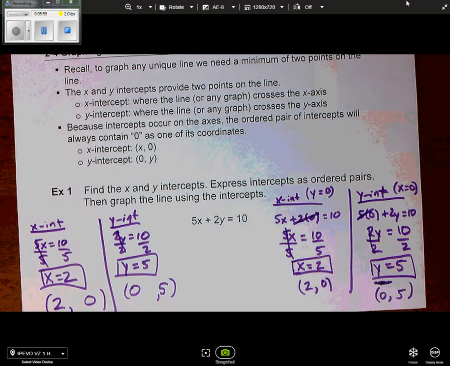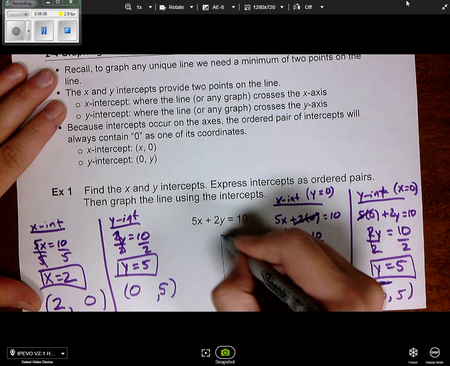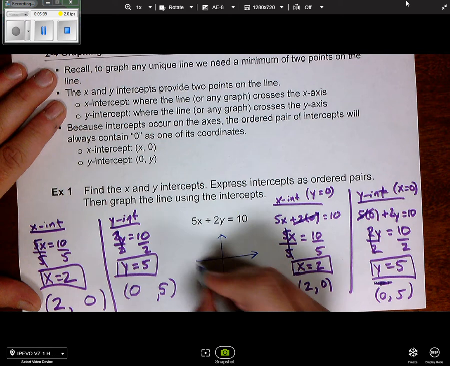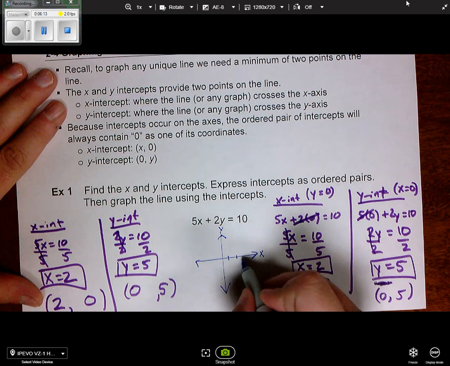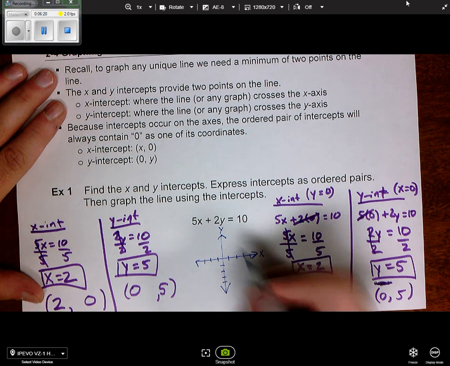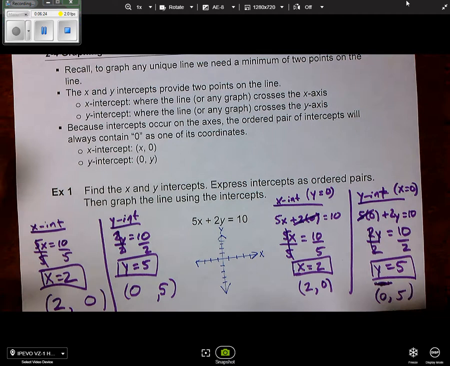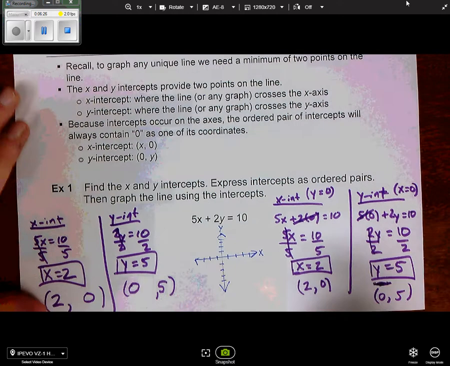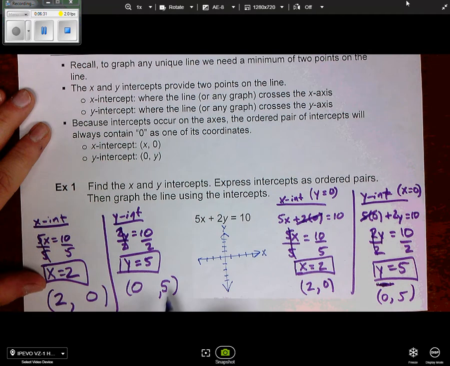Okay, now let's graph this thing. X is to the right, y is to the sky. I need to get some tick marks going on here. 1, 2, 3, 4. 1, 2, 3, 4. Okay, it is a sloppy graph, and I'm sorry about that, but it'll still get the job done. My x-intercept was at 2. My y-intercept was at 5.